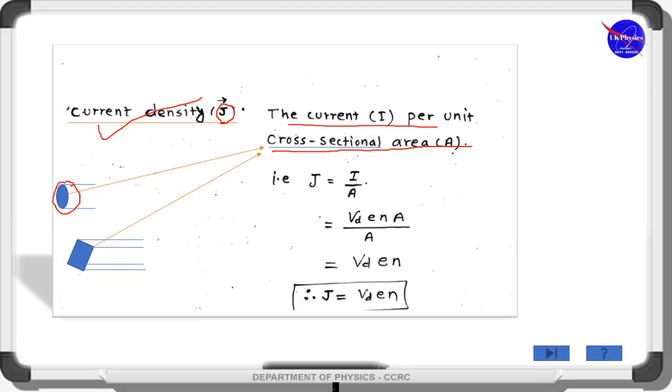The mathematical form is I by A, and here is the expression for current which we have discussed in the drift velocity, that this A and this A can be cancelled out, and finally we have the expression for current density. J equals vEn is our final expression for current density.